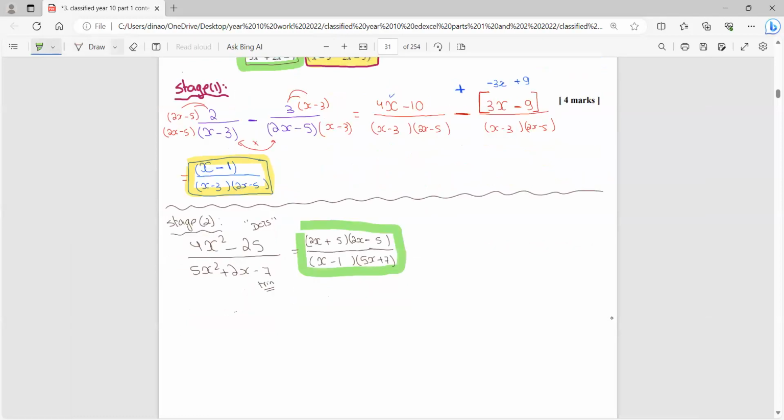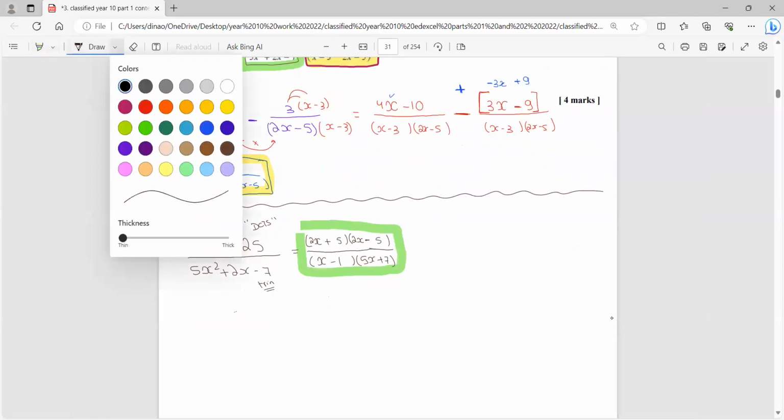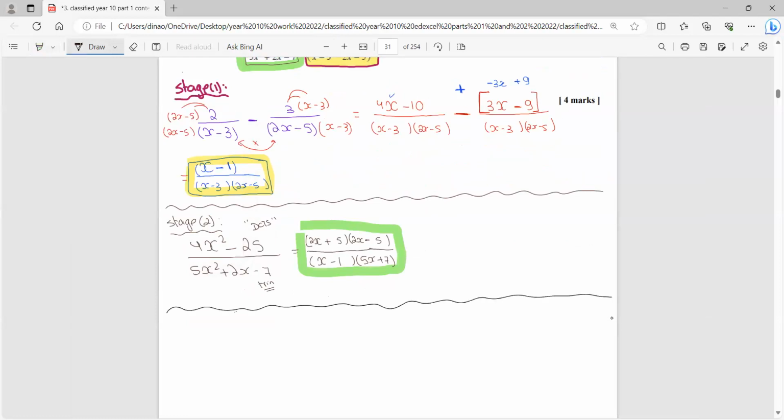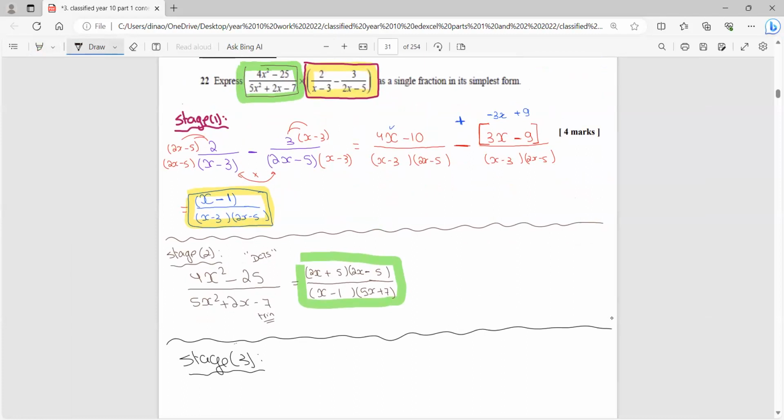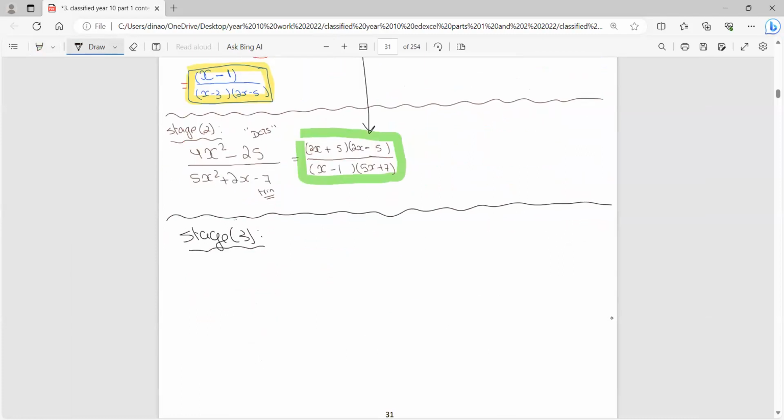Okay, the last stage is the final answer, which is stage number 3. Stage number 3 is mix and match. And what do I mean by mix and match? I will remove the green, put its answer, which is 2x plus 5 over 2x minus 5, and in the denominator x minus 1 and 5x plus 7.